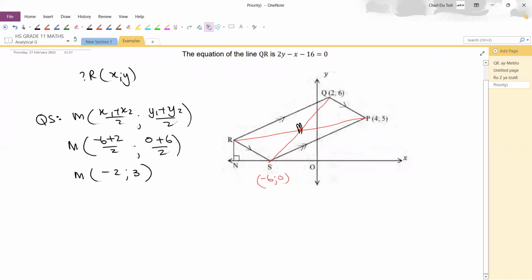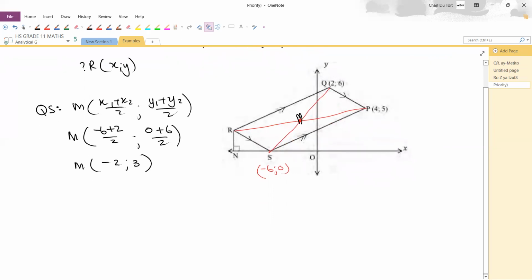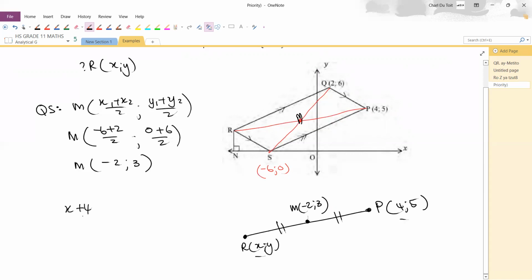Now that midpoint is the same for the line PR. In other words, the line PR, there's P, that is 4 and 5, and it also has a midpoint value of -2 and 3. And it's got an R value of X and Y. So now I can say the following: X plus 4 divided by 2 is the X value in the midpoint, -2.